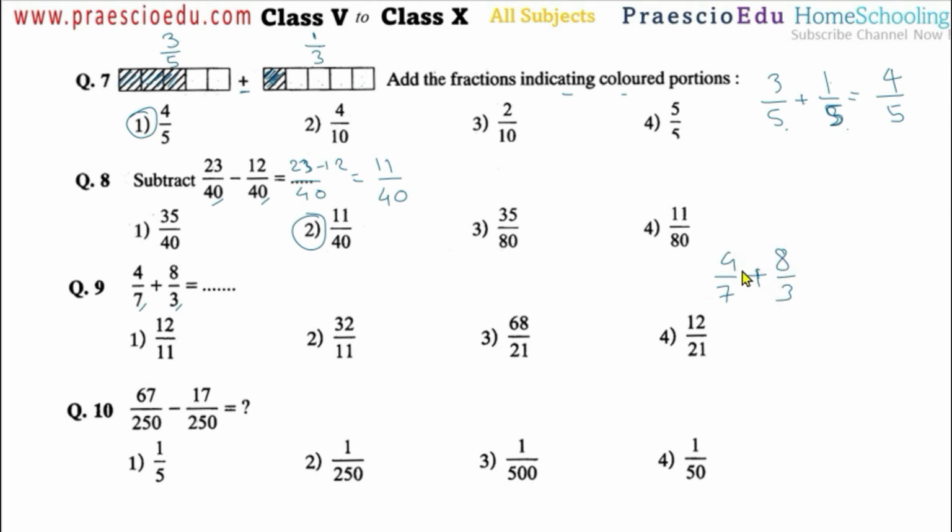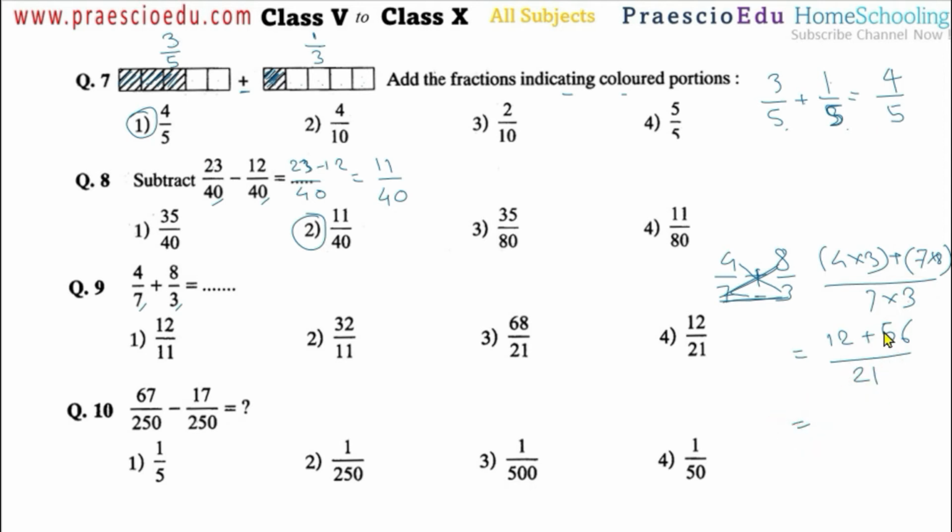So we do cross multiplication like this, and then the plus sign, and then cross multiplication like this. So 4 multiplied by 3 in a bracket, then plus, another bracket 7 multiplied by 8, divided by 7 multiplied by 3. 4 multiplied by 3 is 12, plus 7 multiplied by 8 is 56, divided by 7 multiplied by 3, which is 21.